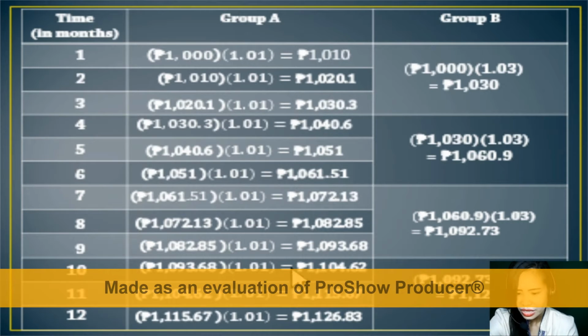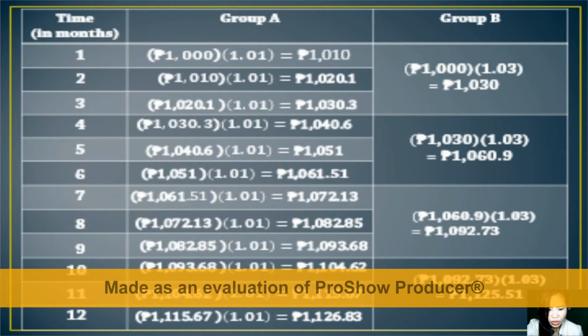And lastly, let's look at the last row. We have the earning is 1,126 pesos and 83 centavos. However, in Group B, the earning is 1,125 pesos and 51 centavos.